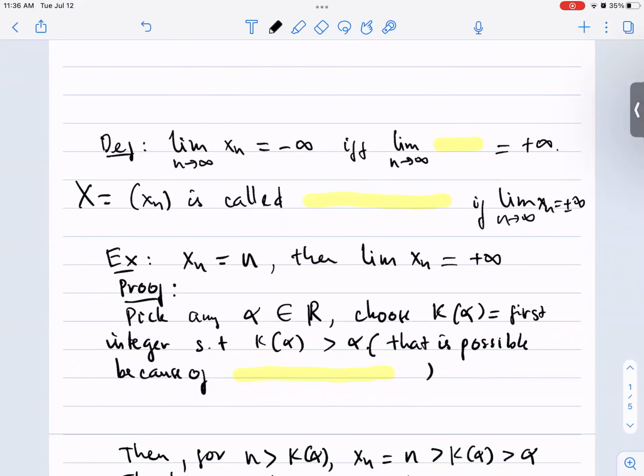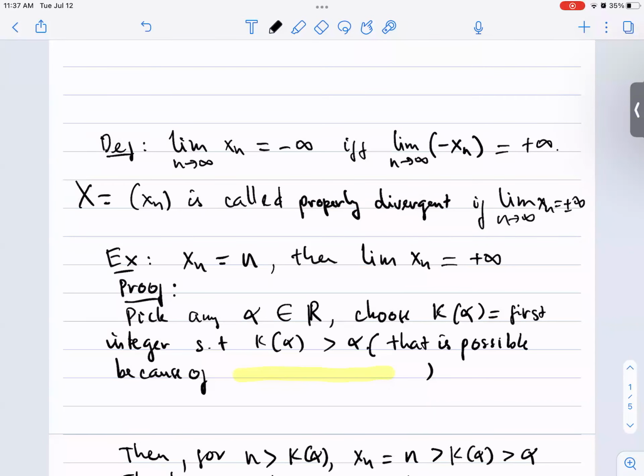Similarly, a sequence is said to converge to minus infinity if the limit of minus xn is equal to plus infinity. And a sequence is called properly divergent if the limit is equal to plus or minus infinity.